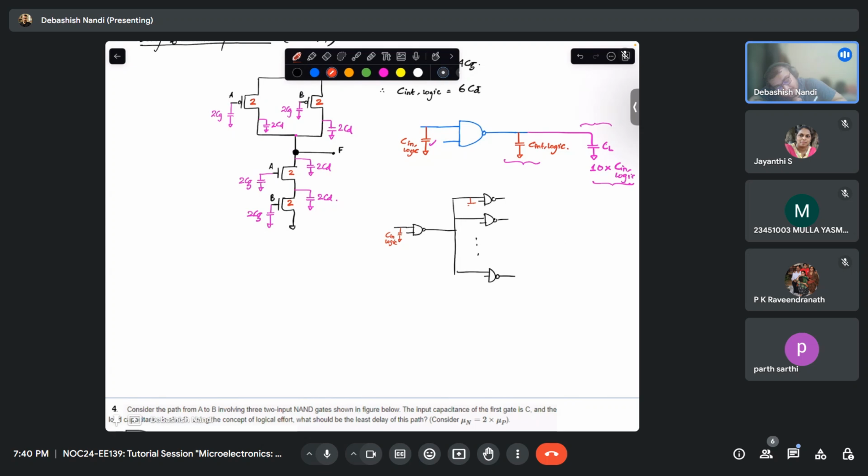Similarly, this will also have C in logic, this will also have C in logic, this will also have C in logic. These all capacitances come in parallel. Fine. And also there is an output logic of this, but that does not concern me, right? Because it is driving this capacitance only. Now is your doubt clear?